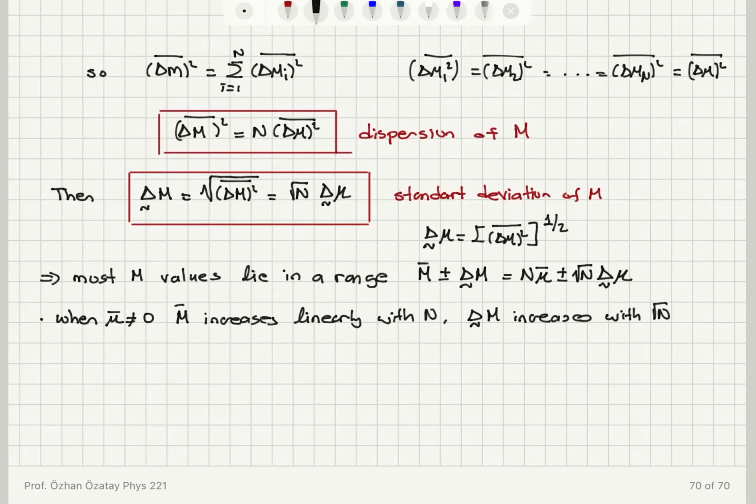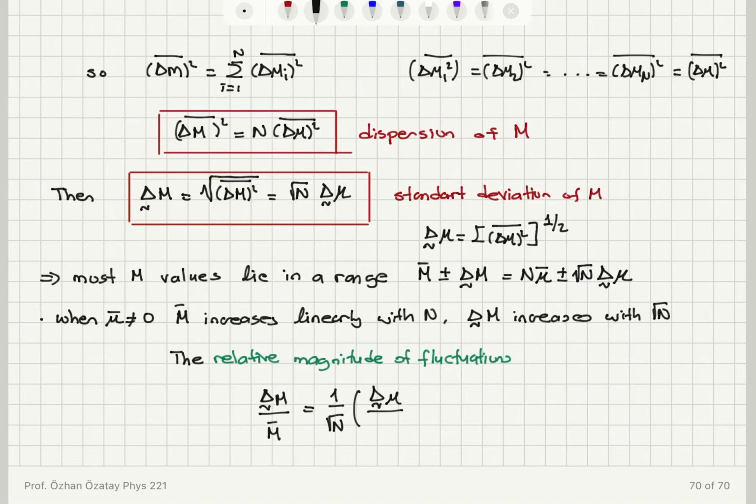So what I call the relative magnitude of fluctuations in the M value, I can calculate to be the standard deviation of M divided by the average value of M, which is 1 over square root N times the standard deviation of mu divided by mu bar.